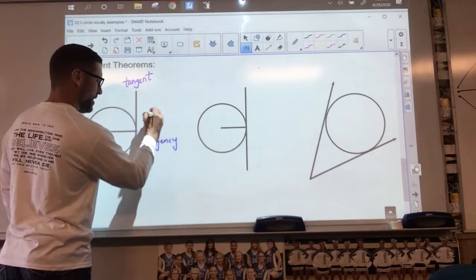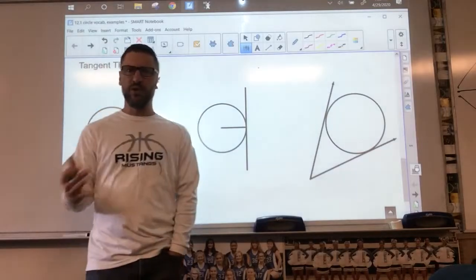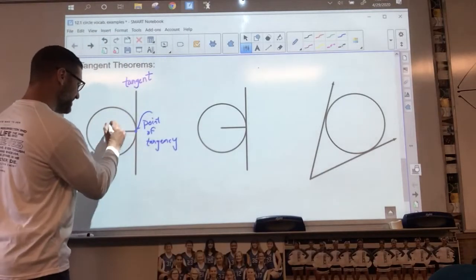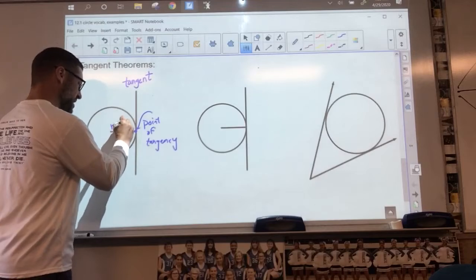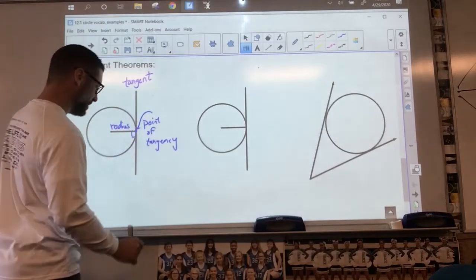right there. And the thing I want you to know is anytime there's a point of tangency, anytime you have that spot, the radius and the point of tangency form a right angle. Okay?